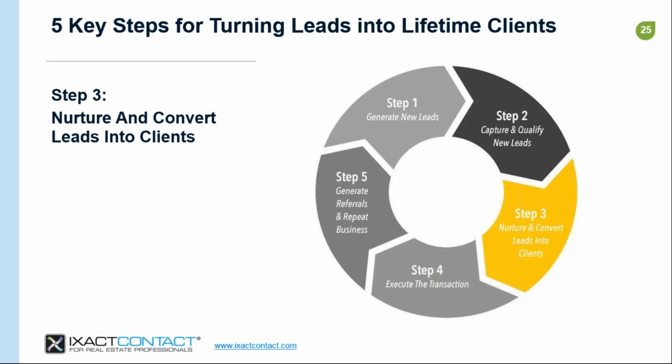And one of the mistakes that a lot of agents make is that they confuse lead timing with lead quality. So they'll look at a lead and say, oh, this person's not moving for a year. Poor lead. The answer is not so fast. It depends who the person is. They may have a 90% chance of doing exactly what they say they're going to do, and they're going to work with a realtor.